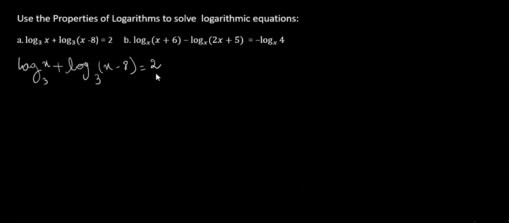To start solving this equation, I have to remind you about the product property, where it says if you have log base a of m plus log base a of n, it is equal to log base a of m times n.